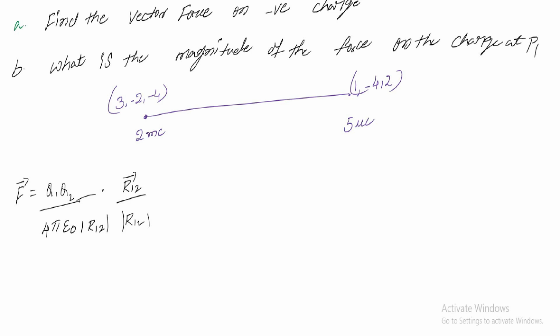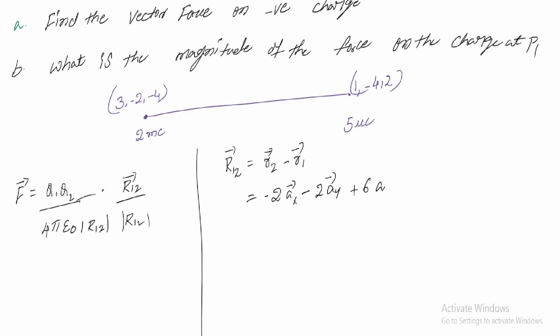R12 is equal to R2 minus R1. What is R2? 1, minus 4, 2. So 1 minus 3 is minus 2, so minus 2 in the direction of AX. Minus 4 minus of minus 2 is minus 2 in the direction of AY. 2 minus of minus 4 is 6 in the direction of AZ.